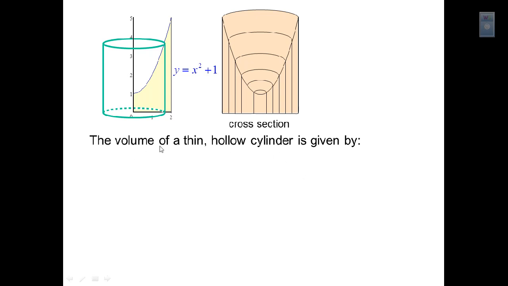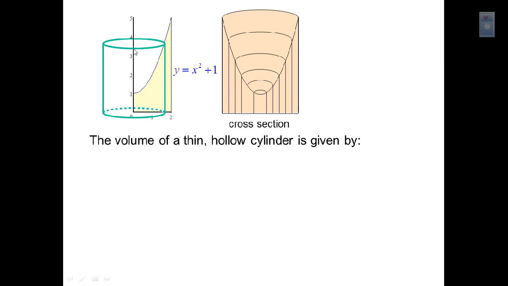Alright, now the volume of a thin, hollow cylinder, if you think about it, you can figure out how that thin cylinder is going to be found, because if you sliced it right there and opened it up, what does it become? It becomes a rectangle. Now, what is the width of that rectangle from one side to the other?